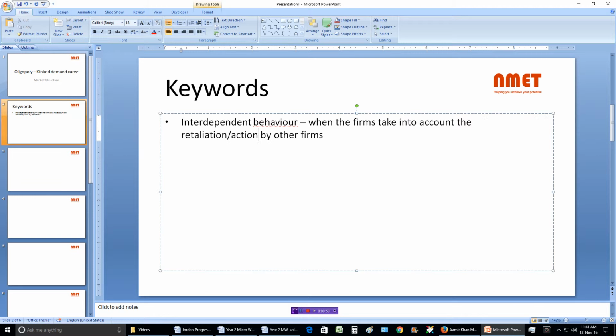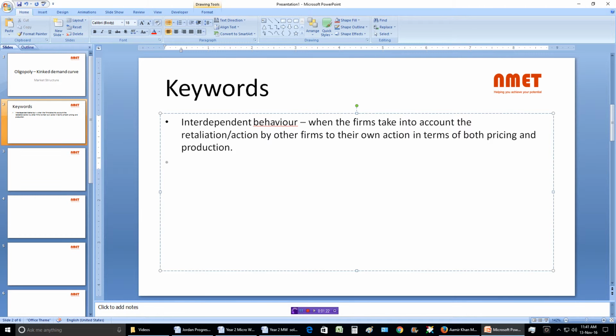So, when the firms take into account the retaliation or action by other firms to their own action in terms of both pricing and production.